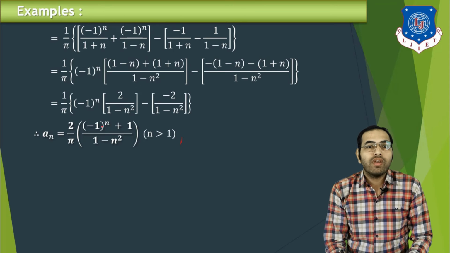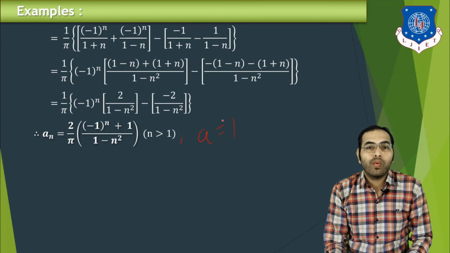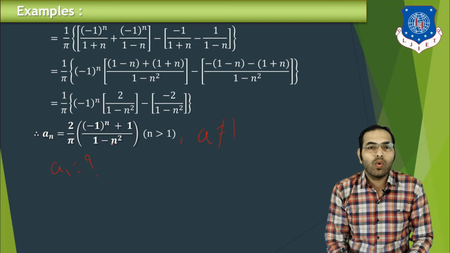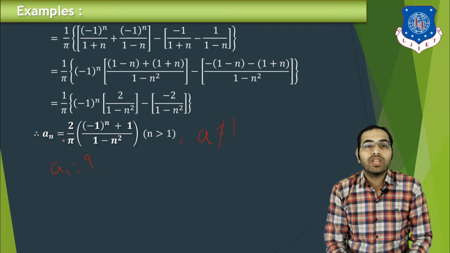For that reason we cannot consider n equal to 1, so this is the value for a_n with n not equal to 1. We have to find a_1 separately. We cannot consider n equal to 1, so our series starts from 2 to infinity.